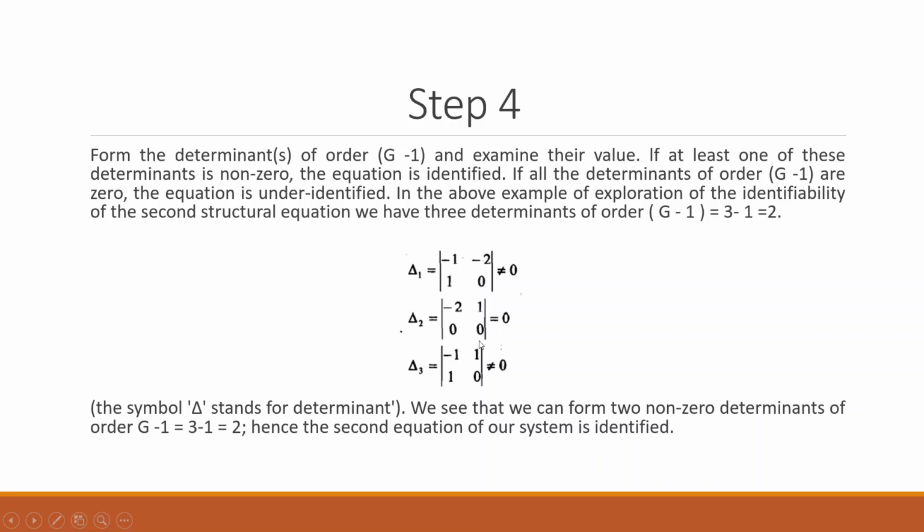The second determinant is equal to 0 because minus 2 into 0 minus 1 into 0 is 0. For the third determinant, minus 1 into 0 is 0, and minus 1, so it is not equal to 0. The condition is that at least one of them should not be equal to 0. The symbol delta stands for the determinant. We can see that we have two non-zero determinants of order G minus 1, that is 3 minus 1, equal to 2, and the second equation of our system is identified.